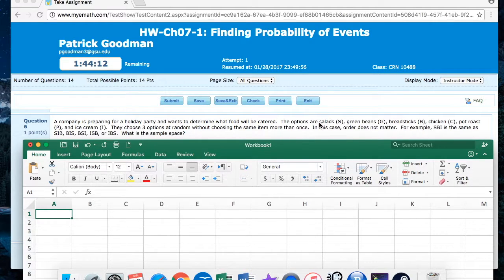Okay, so S. I'm just going to start listing the different types of foods. So salads, and then green beans is my next one. So green beans and now breadsticks, chicken, and pot roast, and then ice cream. This process can get pretty annoying too, but at least this one is a little easier to see.